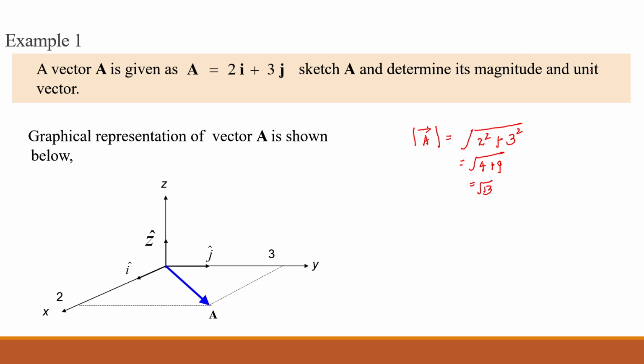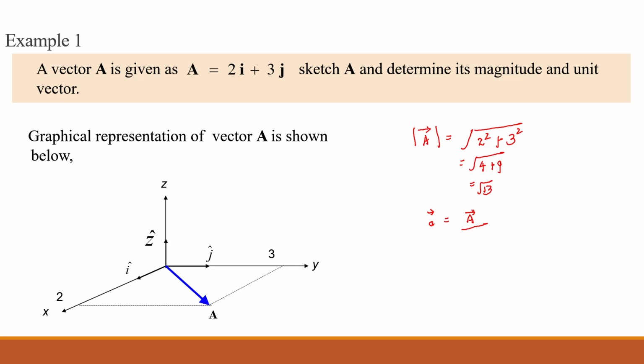Okay, and find unit vector A. Unit vector A will be your vector A. If we use Word, then we can bold it, but if normal writing, to differentiate whether it is a vector, I can put the arrow here.